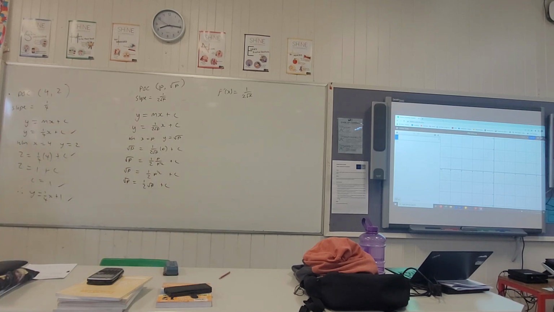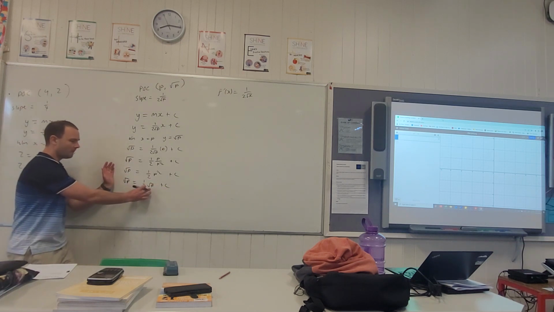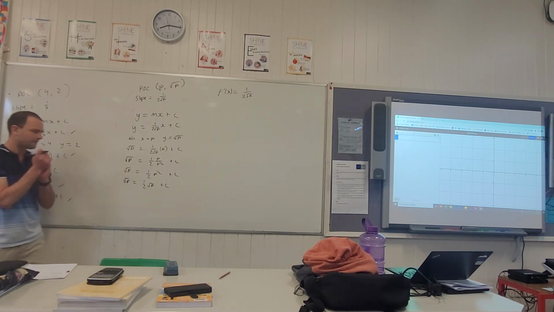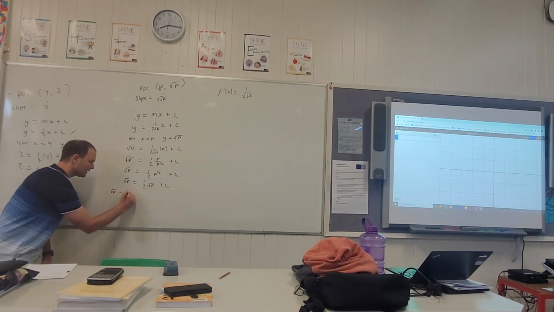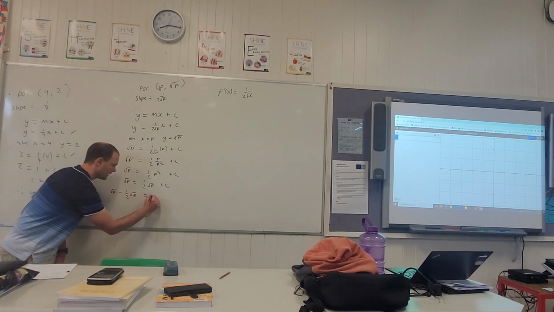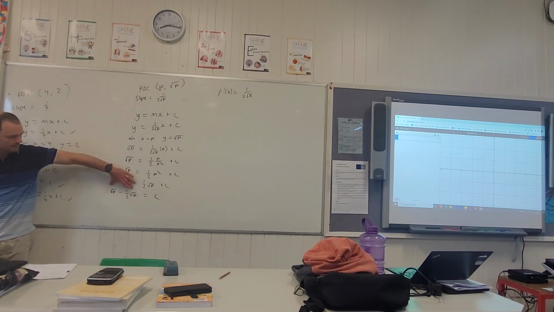From here you can see what the value of c is, but if you want, you can rearrange it. To get c by itself, we subtract half the square root of p from both sides. So we have root p take half the square root of p equals c. You could leave it like that, but these are like terms.